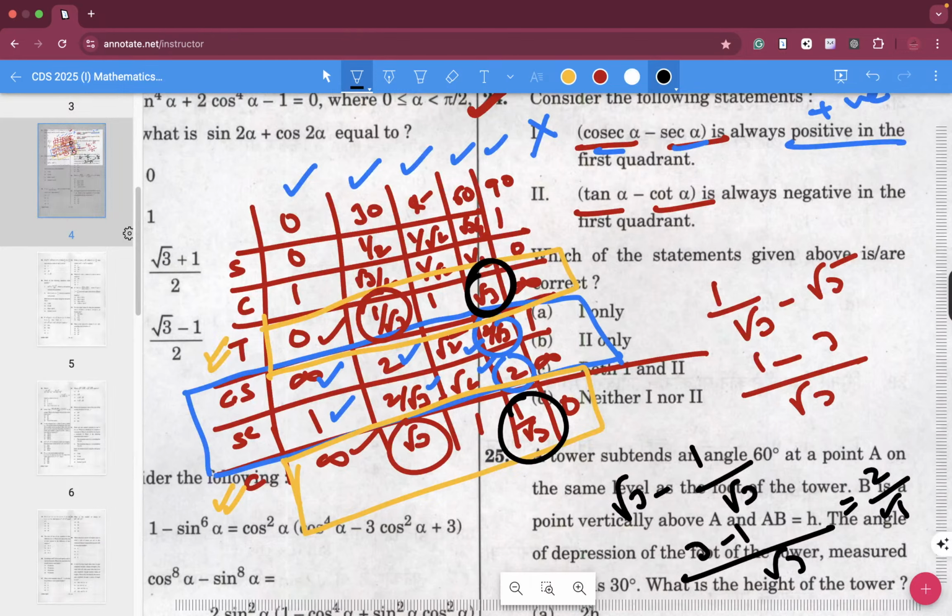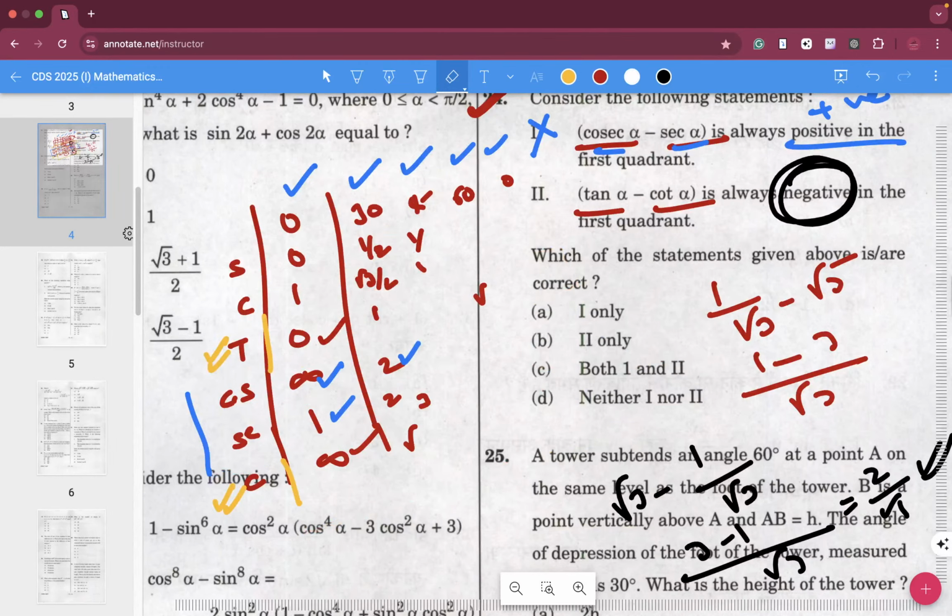They told that tan theta minus cot theta is always negative, but you see over here this is positive. So your second option is also not correct. So we go ahead with the correct answer over here, D, neither one nor two.